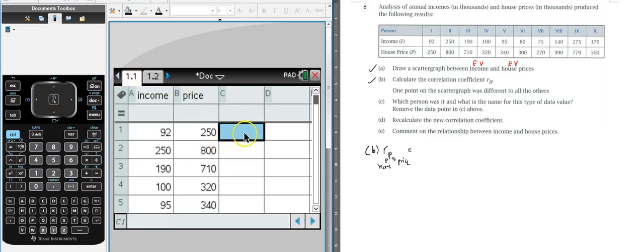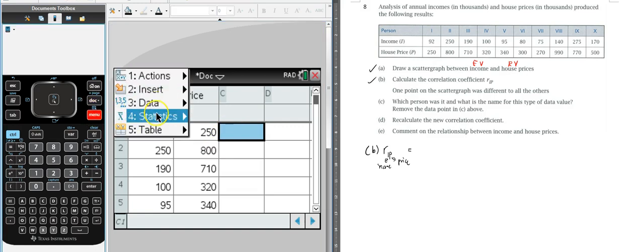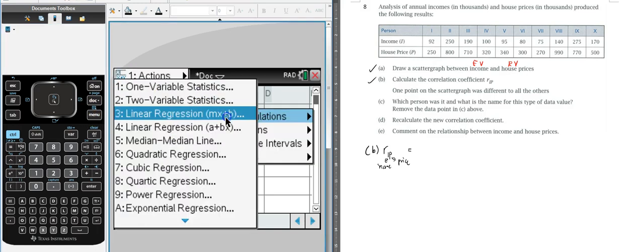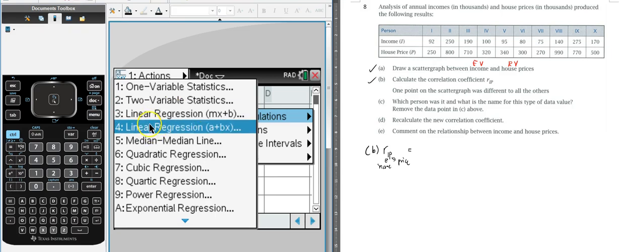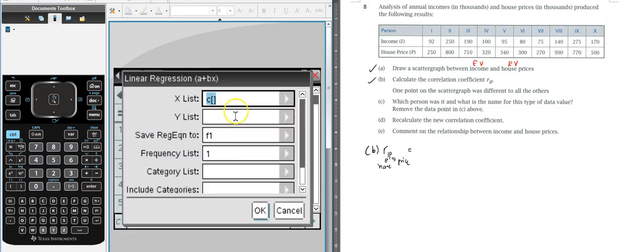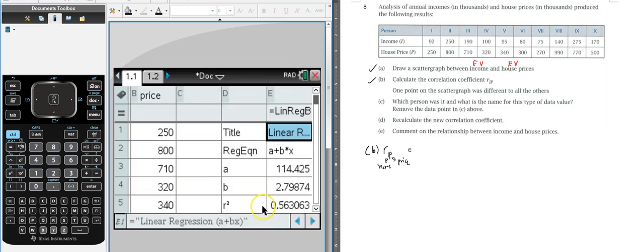So move your cursor to column C and you press Menu 4, 1, either 3 or 4 also can, but I prefer you to use 4. Okay, so your x-list right now will be the income and the y-list will be the price. The rest of this one do not change, just press OK.